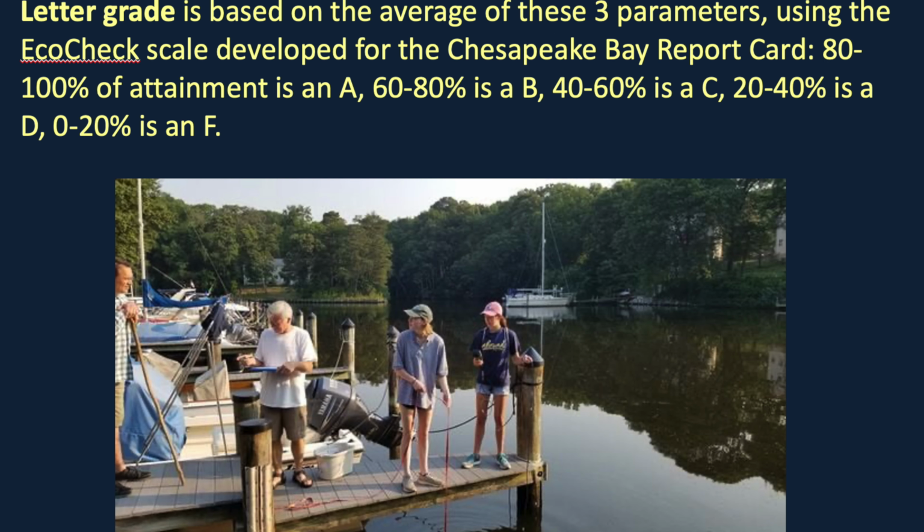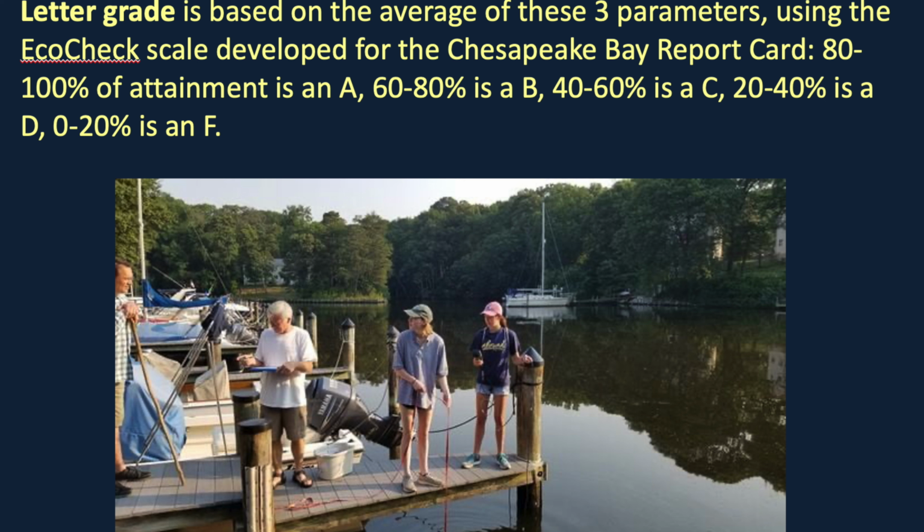Here's some of our volunteers out sampling. So here's the Secchi disc they're using, and here's one of our meters here. The probe goes into the water, and she's got a handheld meter here. And so what we do is we look at the percent attainment of each of those three criteria. So the Bay program says we should have, I guess, 379 acres of grass to be in fabulous shape.